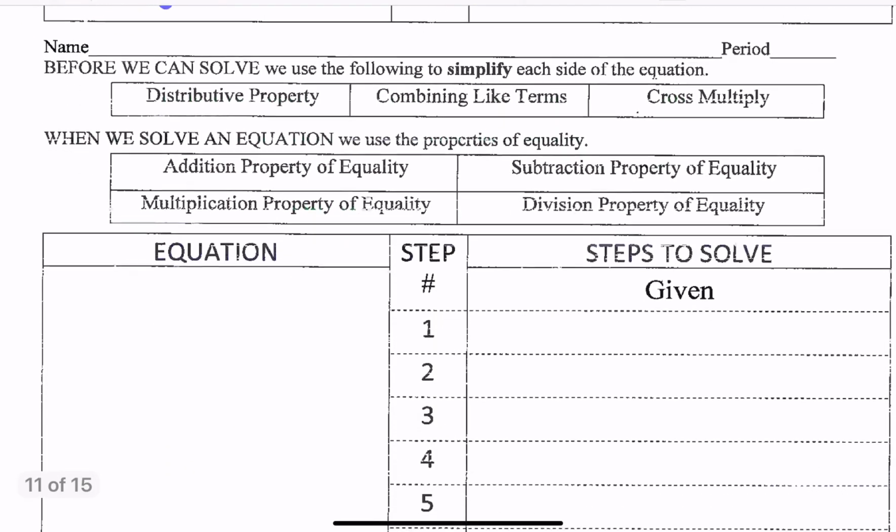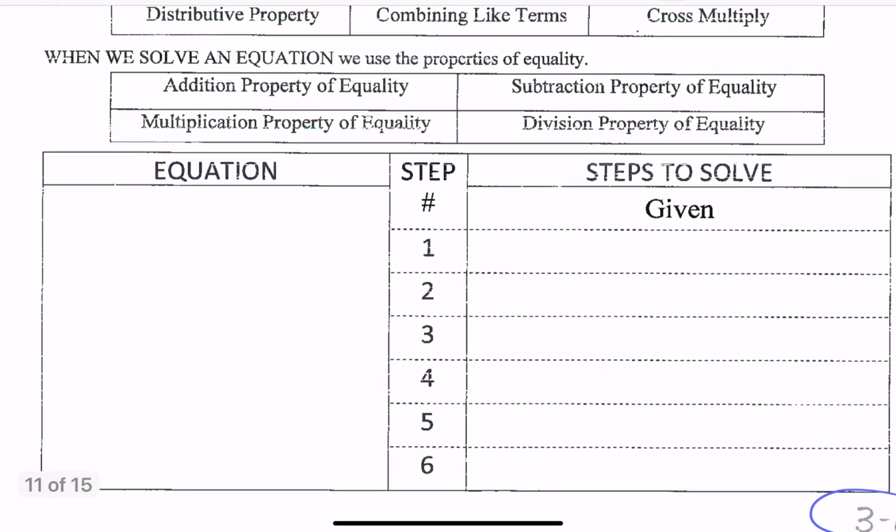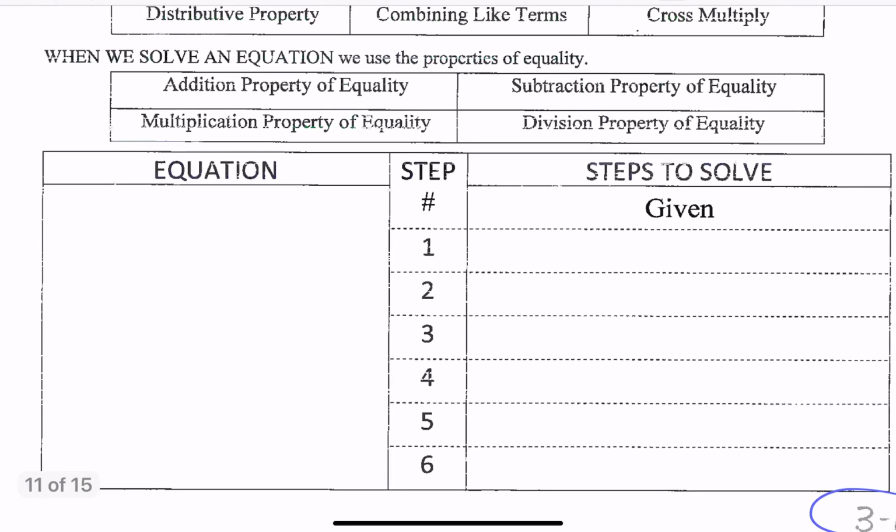So let's look at the next problem. Let me give you that. We're going to do 17 minus 3 times w plus 5 equals 6 times w plus 5 minus 2w. So that's what's given. First thing I do is I'm simplifying.